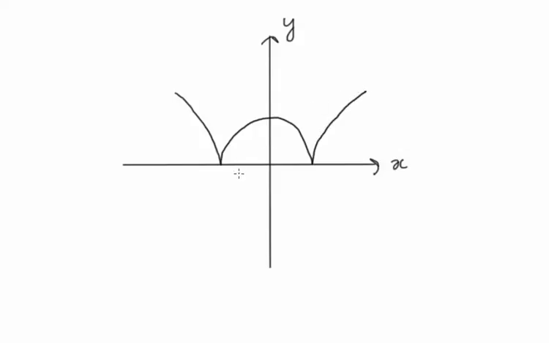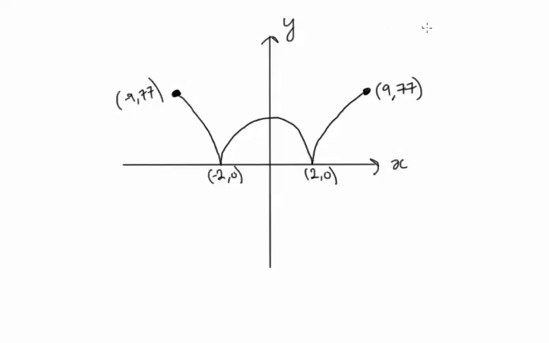I reckon that's pretty good. Let's put in all our points. So we worked out that that's -2, 0. We worked out that that's 2, 0. This endpoint here we worked out was 9, 77. This one's -9, 77. Notice how I'm shading them in.